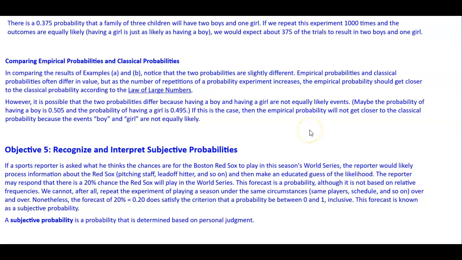However, it is possible that the 2 probabilities differ because having a boy and having a girl are not equally likely events. Maybe the probability of having a boy is 0.505 and the probability of having a girl is 0.495. If this is the case, then the empirical probability will not get closer to the classical probability because the events boy and girl are not equally likely.